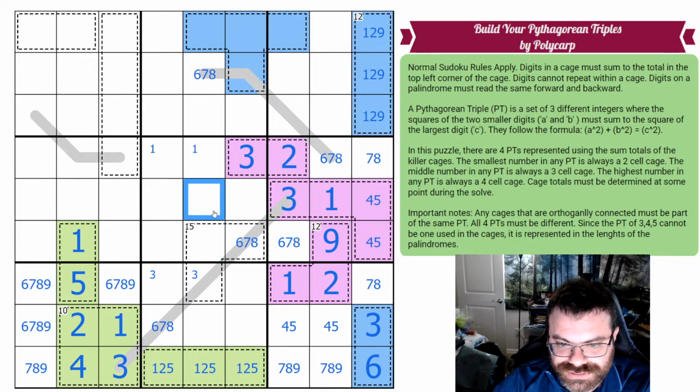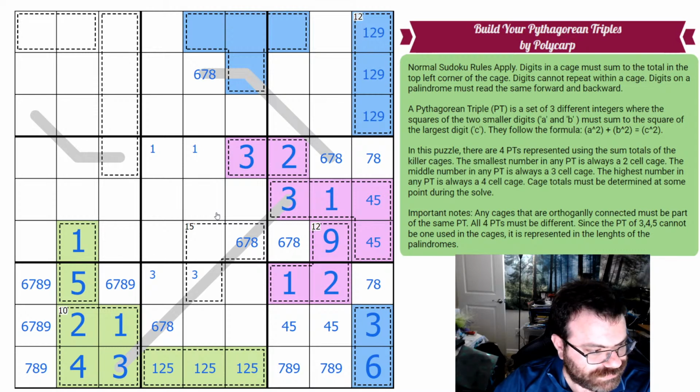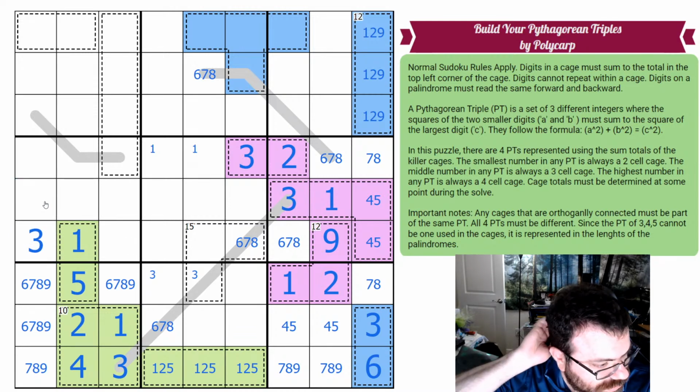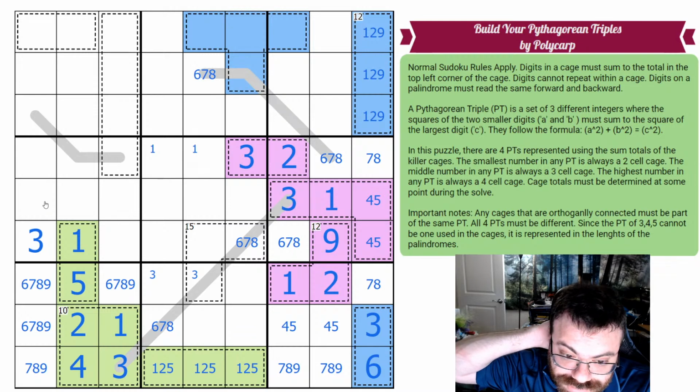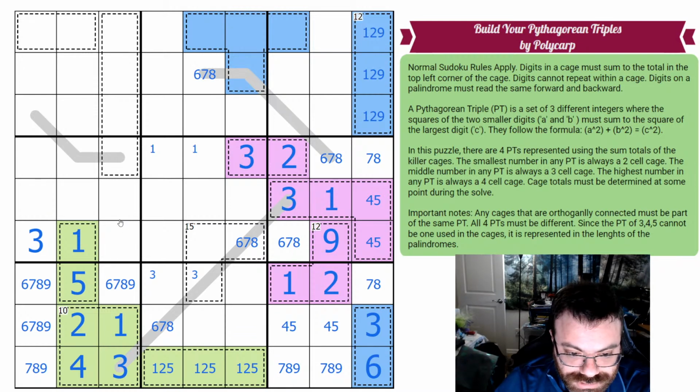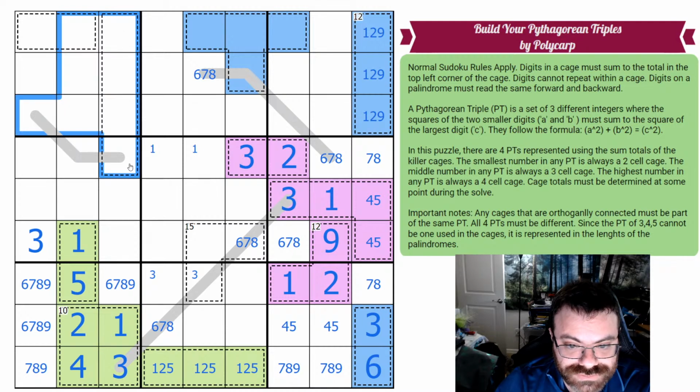Ones are limited up here. 3 in box 4 is placed, is what you meant. One can't go here because it would be mirrored here. There's already a 1, so 1 is up here.